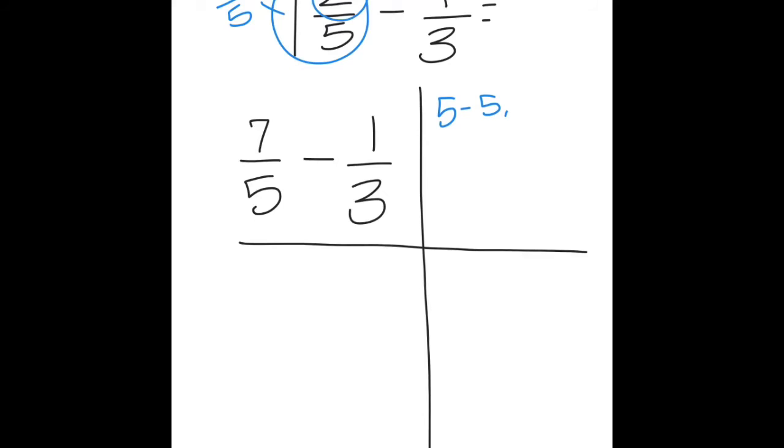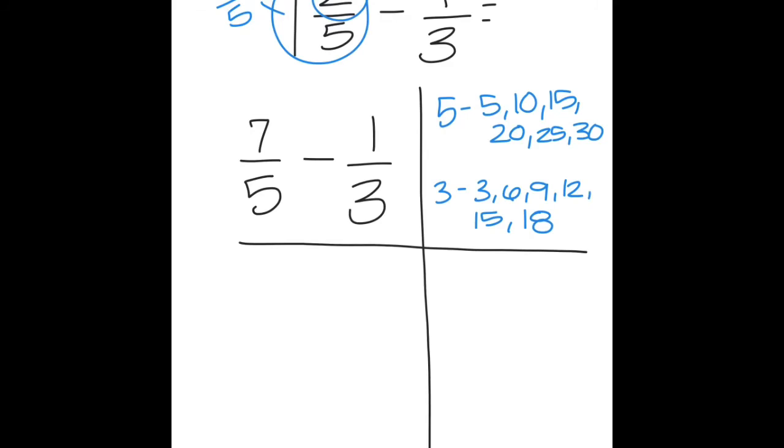It's going to give me 5, 10, 15, 20, 25, 30. And then I have 3, 6, 9, 12, 15, 18. And my least common multiple or my least common denominator is going to be 15.